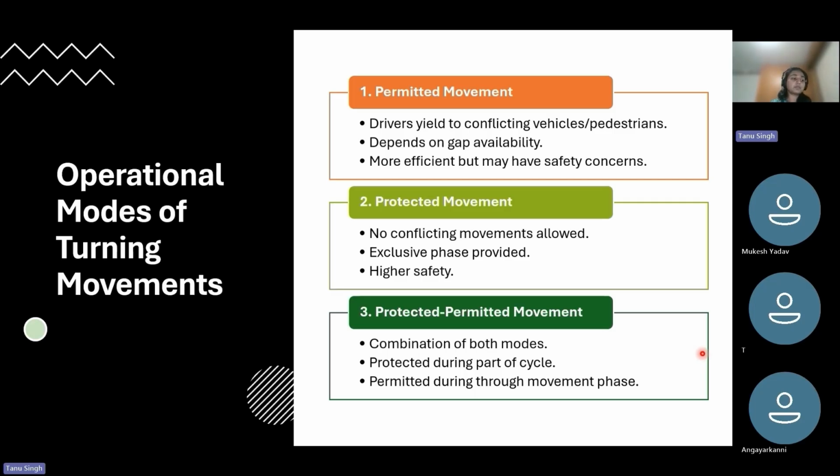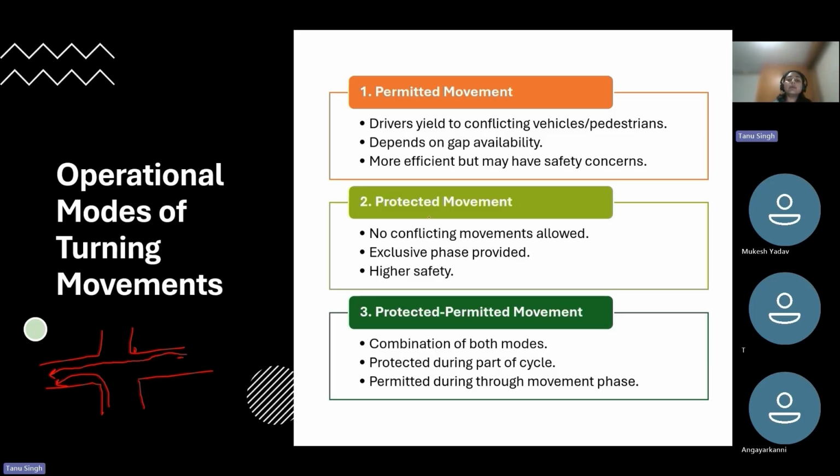For example, if we take an intersection and we allow the left-turning vehicles, but the signal turns green and vehicles are also coming straight, the vehicle turning left must depend upon the gap present on the road.